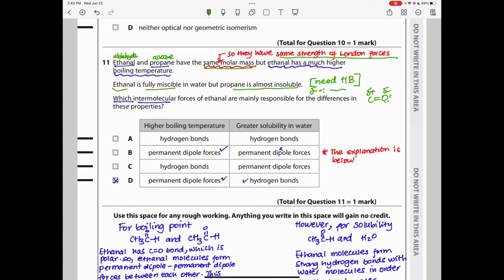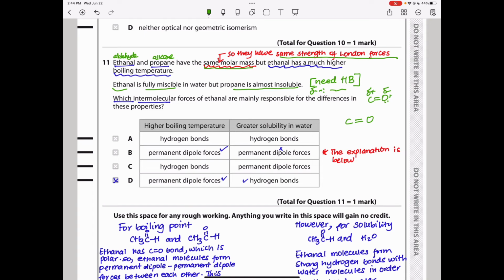So the question is asking which intermolecular forces of ethanol are mainly responsible for the difference in these properties. The higher boiling point is, of course, because ethanol has that carbon-oxygen whereby we have a dipole, and again, this is between ethanol molecules. Ethanol molecules cannot form intermolecular hydrogen bonds within themselves.